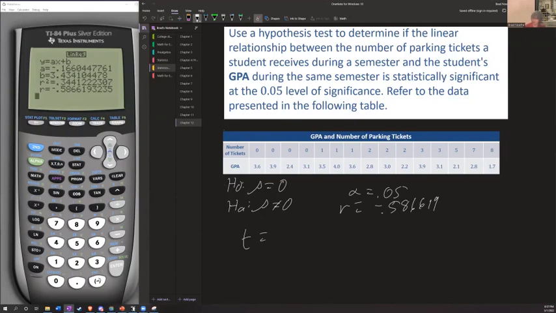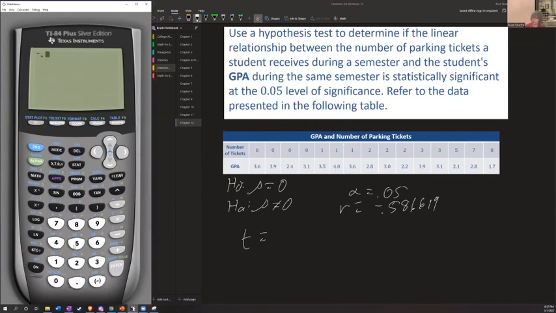So it's R, negative 0.586619, divided by the square root of 1 minus R squared, okay, that's my numerator, so I'm going to close that with a parenthesis here, divided by my sample size 15 minus 2.